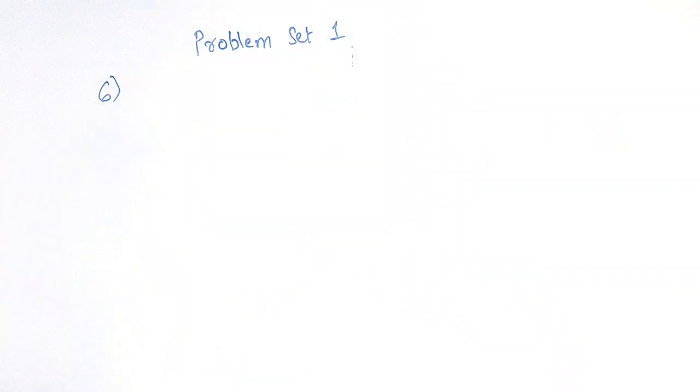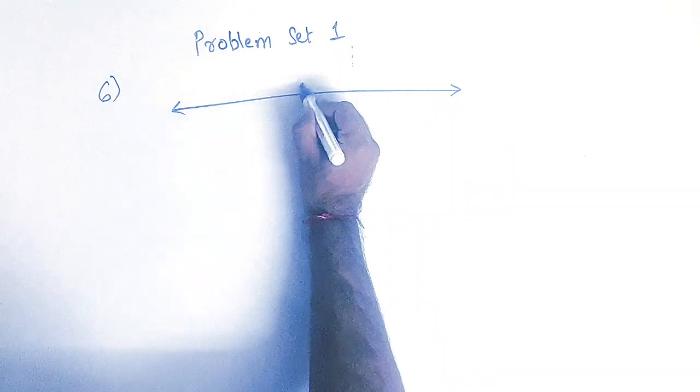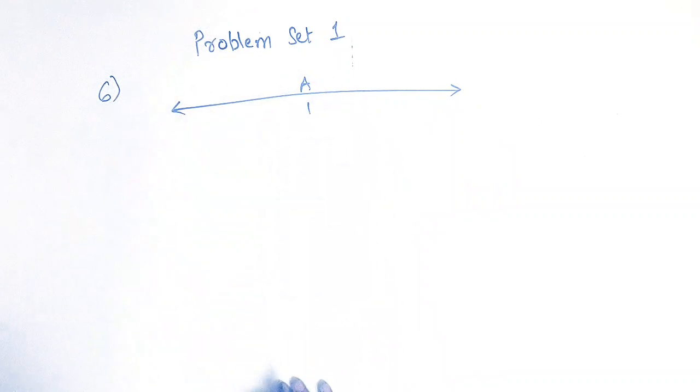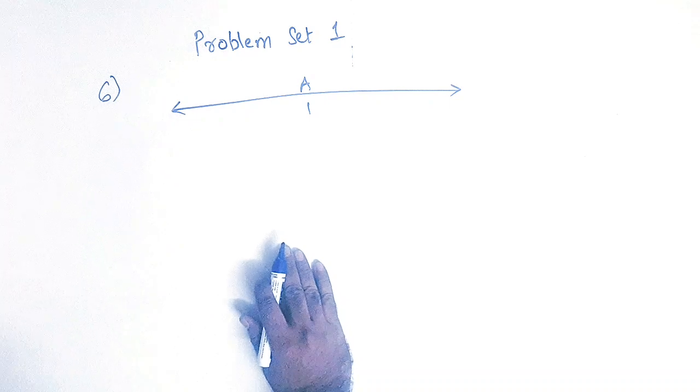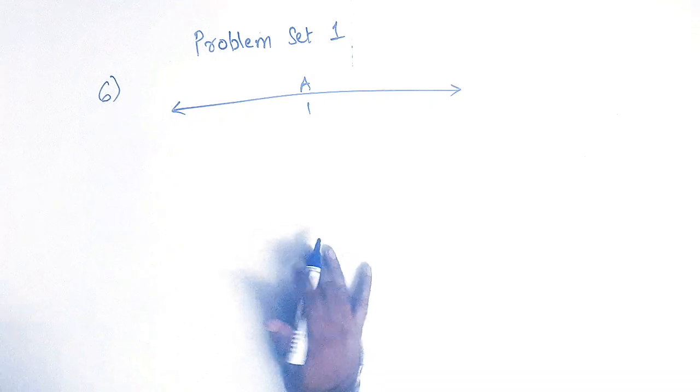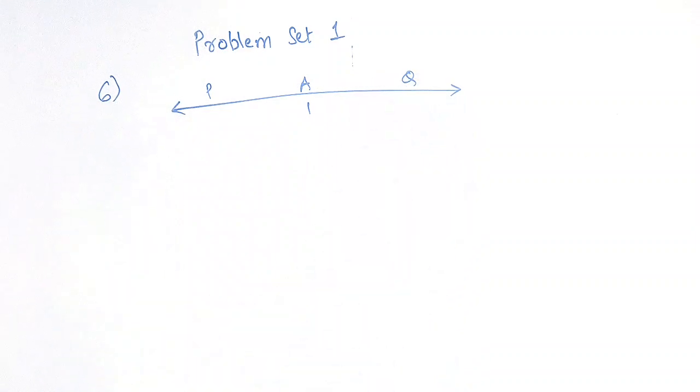Now sixth one says that coordinate of point A on a number line is 1. What are the coordinates of the points? Points means more than one. 2 points will be there on the number line which are at a distance of 7 units from A. So let us take P and Q. It is similar to fourth one.